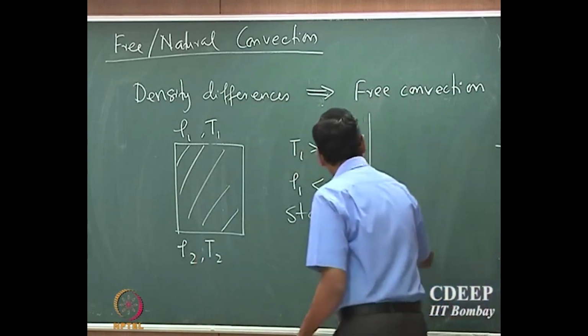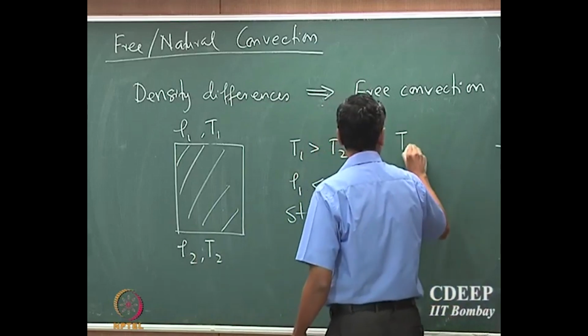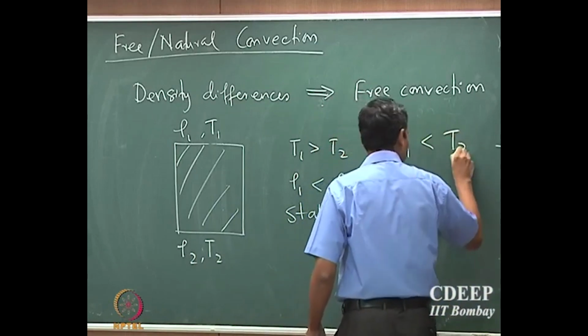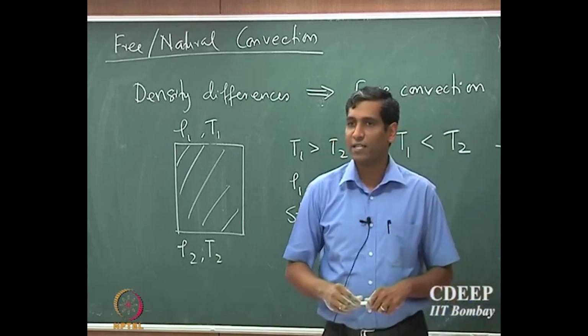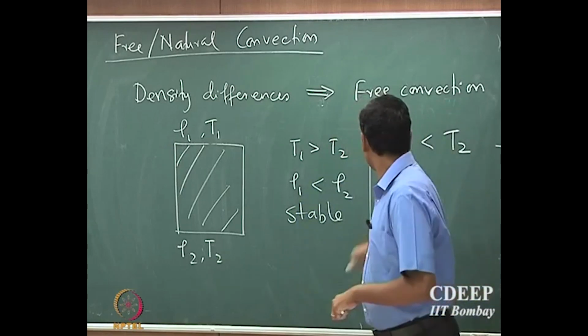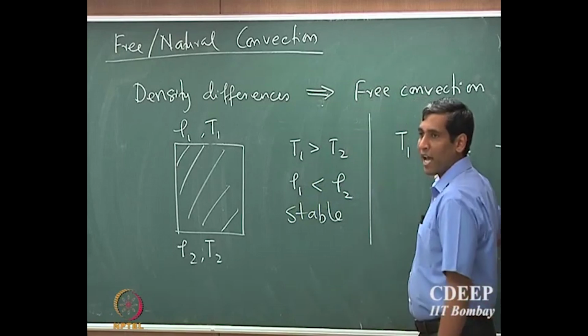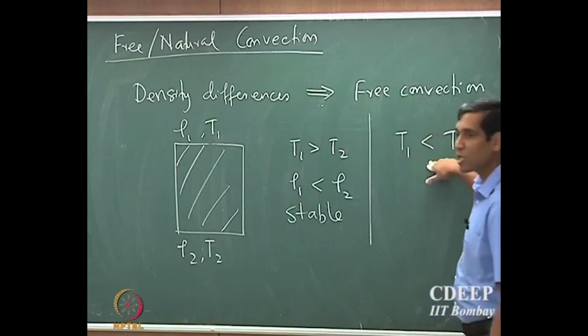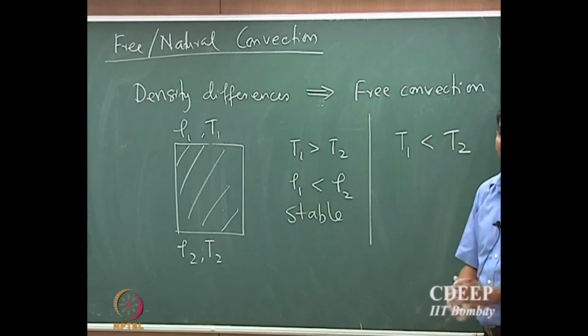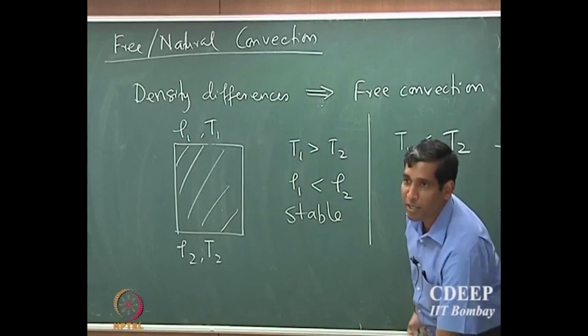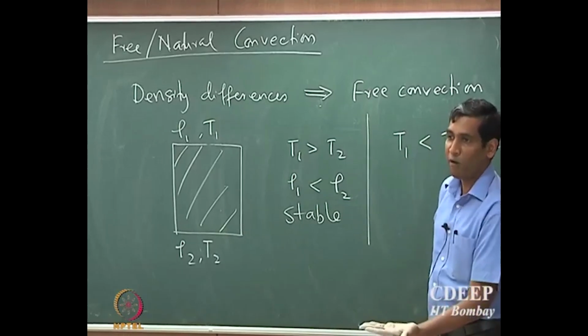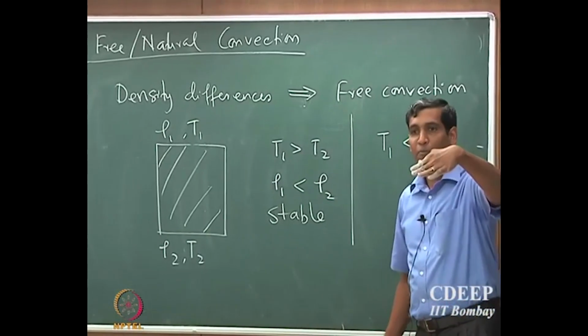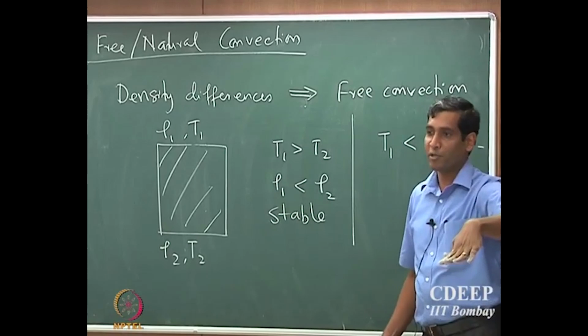Now take the parallel case where T1 is less than T2, so I maintain the temperature above lower than the temperature below, and in fact this is what happens when you leave the coffee cup idle on a table. The bottom would quickly equilibrate with the temperature of the coffee, and the top is exposed to the atmosphere, which is at a lower temperature.